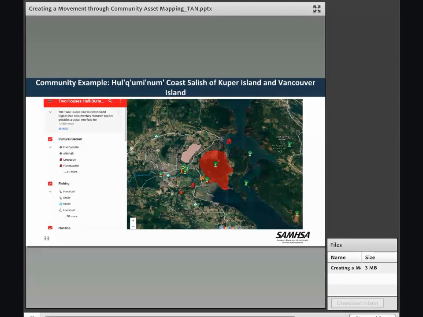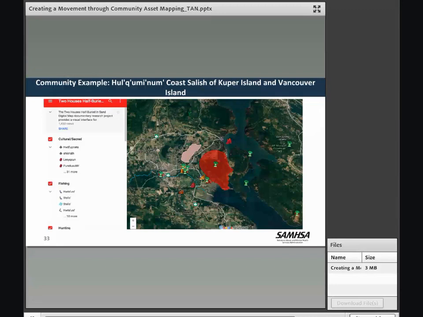They had Google My Maps come out and train them on how to use this model. It was the Two Houses Half Buried in Sand digital map, and it really aimed to revive the legacy of burl criers. It documented stories and the culture of their people who are living on the east coast of Vancouver Island.